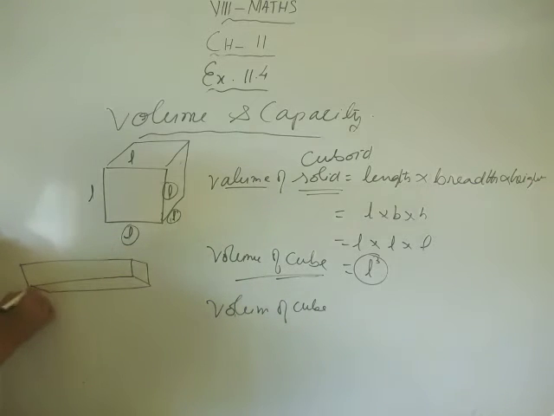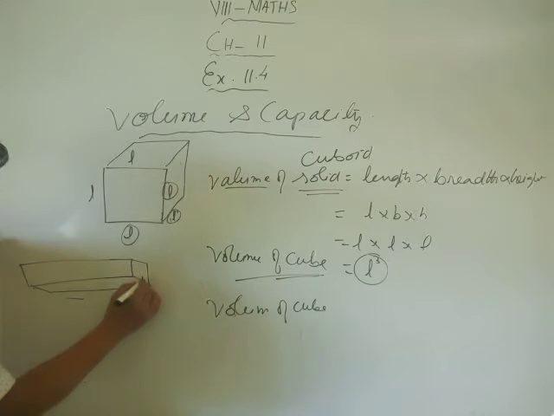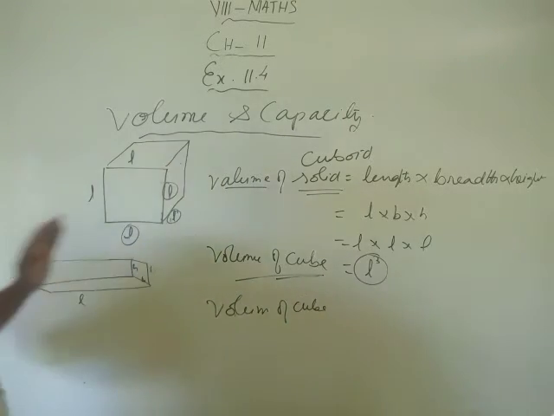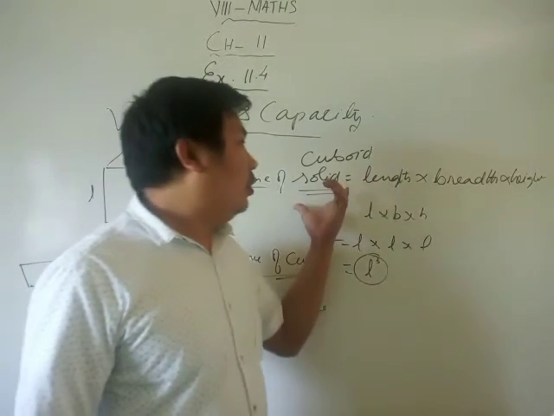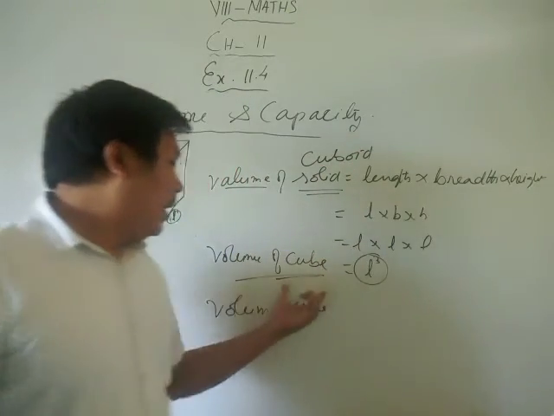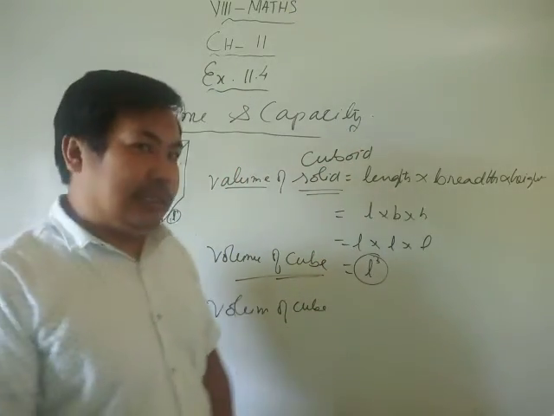This is length, this is breadth, and this is height. So length into breadth into height is the volume of cuboid, and L cube is the volume of cube.